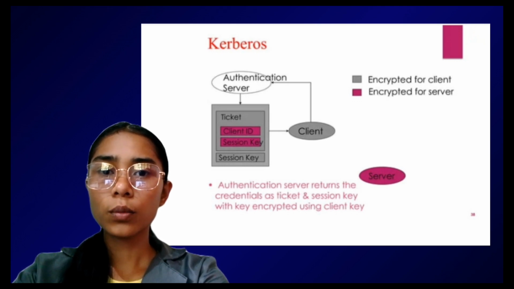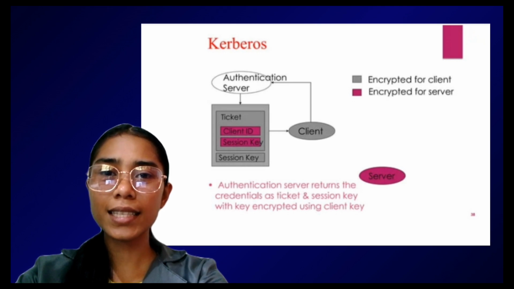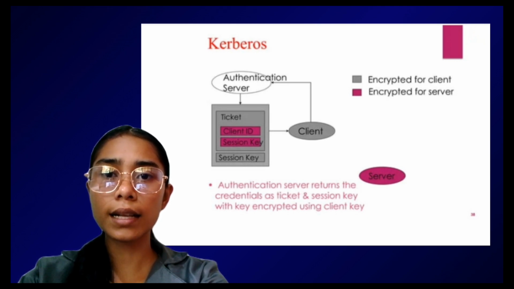Secure communication: the authentication server sends the encrypted ticket to the client. The client in turn sends the ticket to the server along with an authenticator as proof of its identity. Server verification: the server uses its key to decrypt the ticket, verifying the client's identity. The server can now communicate securely with the client because the client's identity has been authenticated.